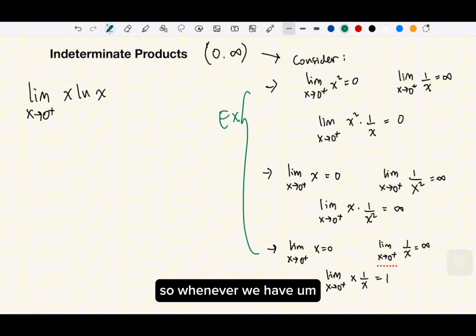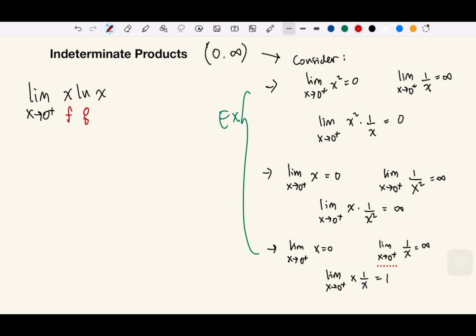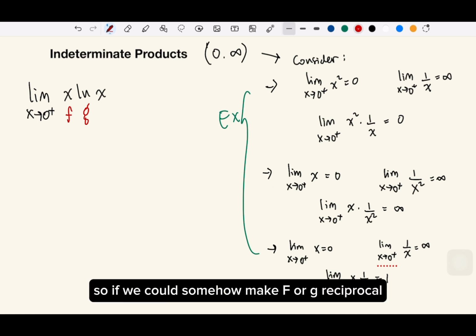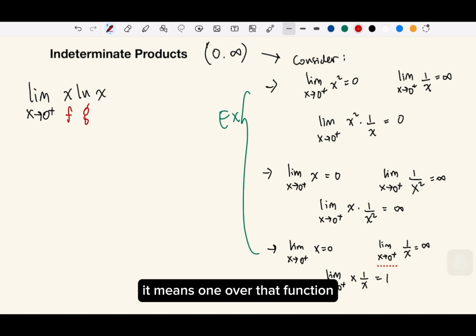Whenever we have, let's say, f multiplied with g, notice that we can cancel this, right? If we could somehow make f or g reciprocal, it means 1 over that function.